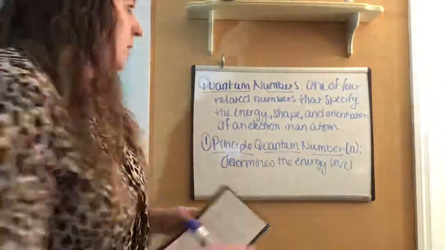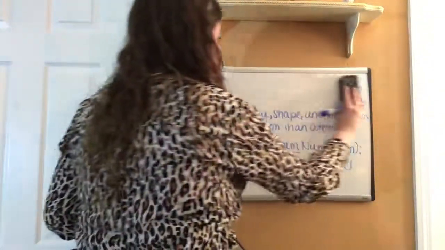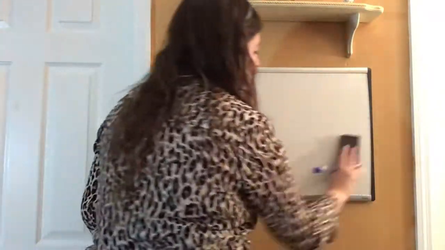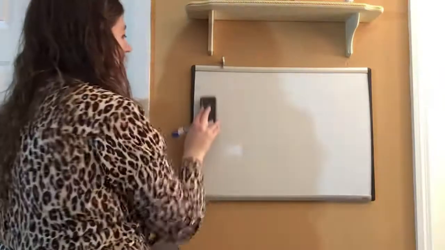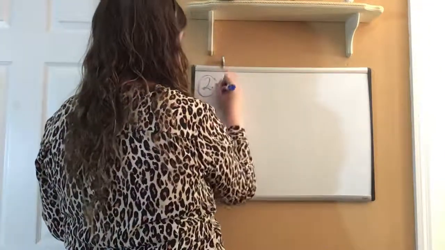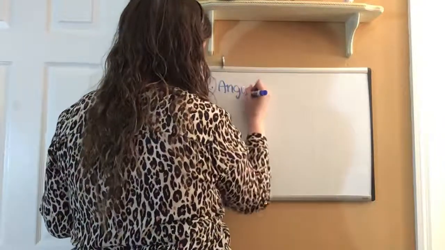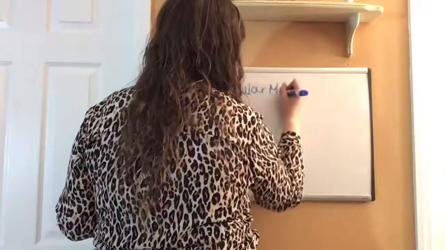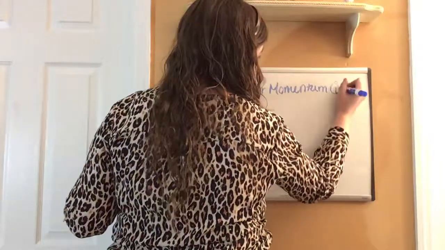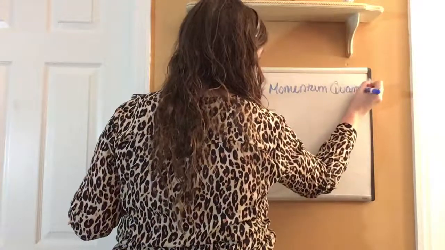So the next one, so we've determined what the energy level is. Now within each energy level, there's a different orbital. So that's going to be determined by the angular momentum quantum number.